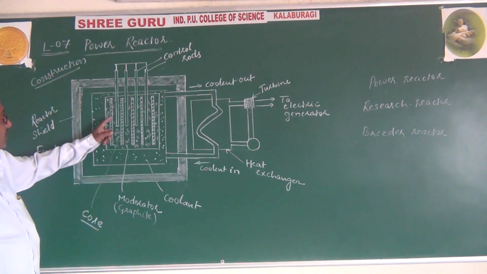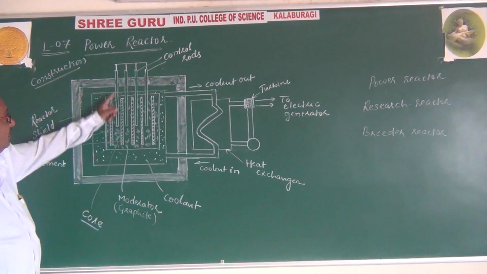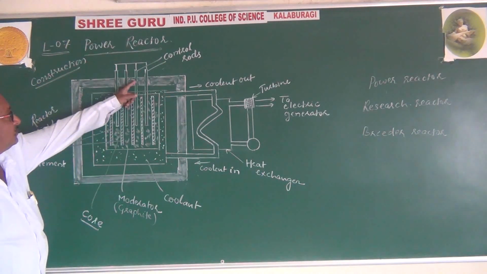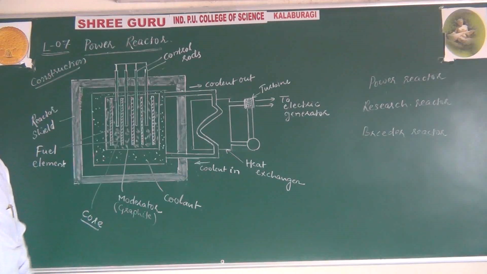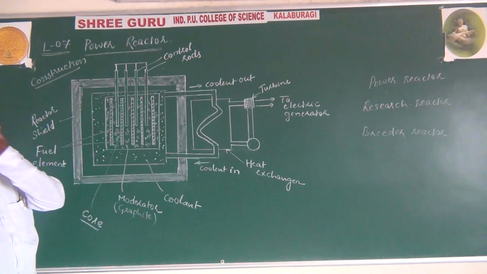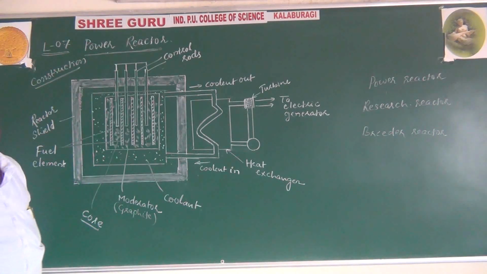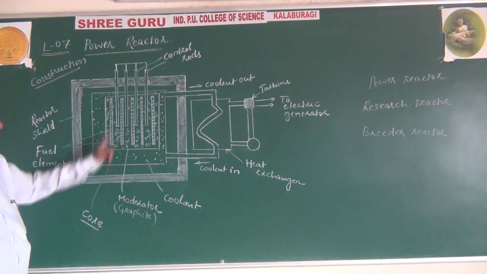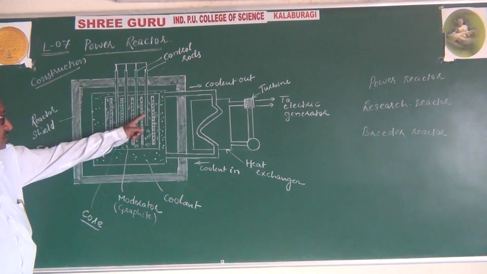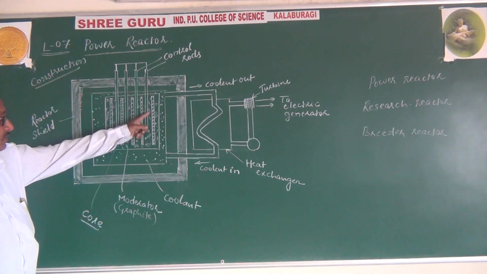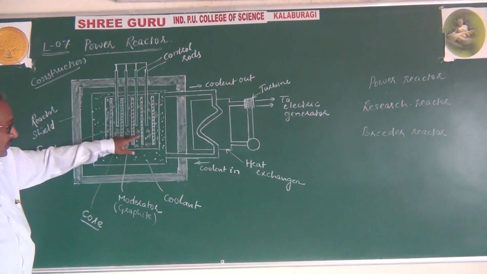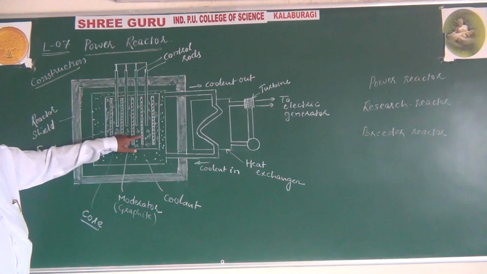Then here are the control rods, which are usually made of cadmium and control the rate of reaction. In between the moderator and the control rods, there is the reactor fuel, for example uranium rods, enriched uranium rods.